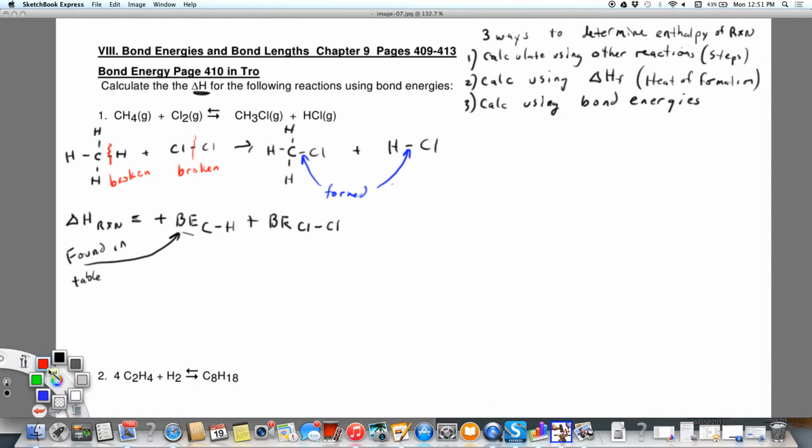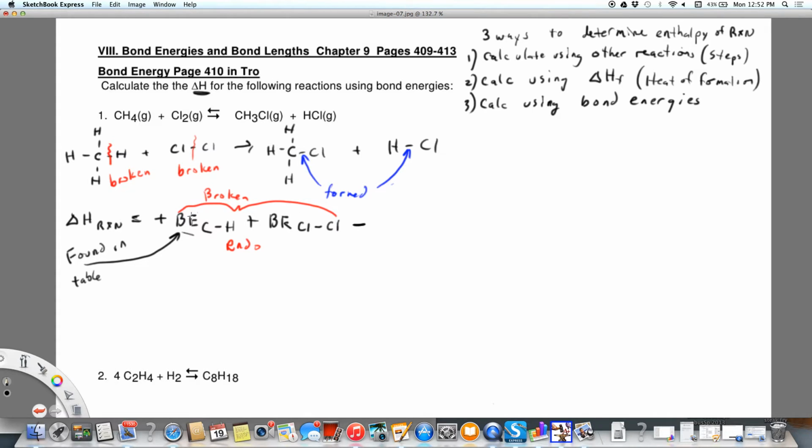So these are broken bonds, both of them. And so this process is endothermic. Now, that's only half of it, because now we have some energy that's going to be released when these bonds are formed. So that's going to be a negative.